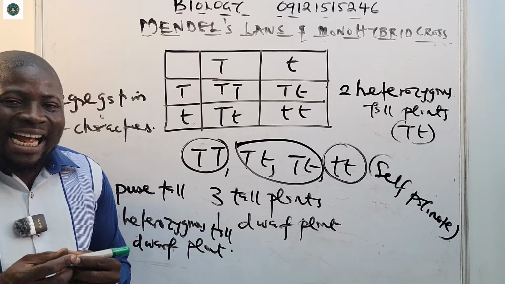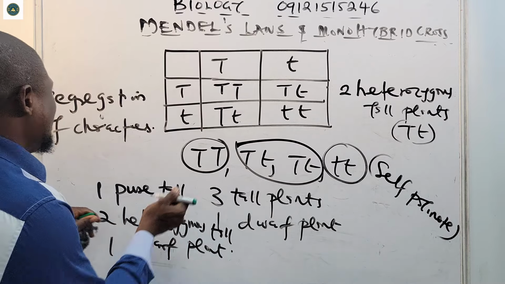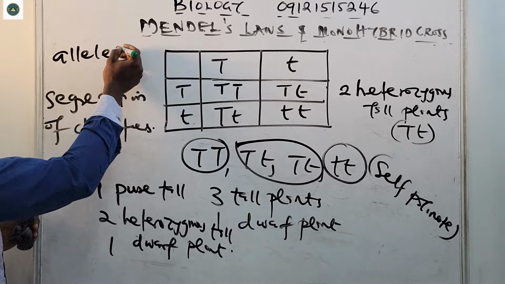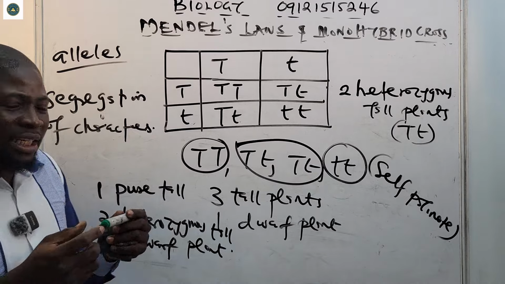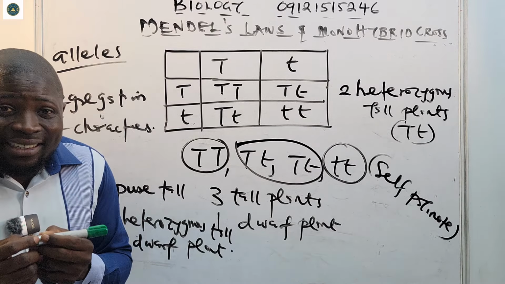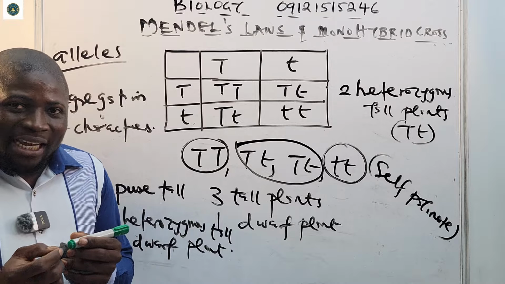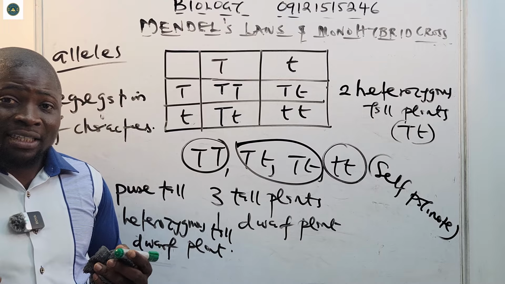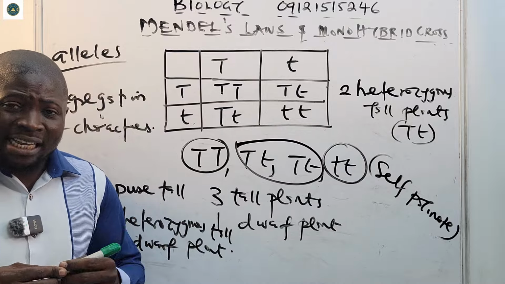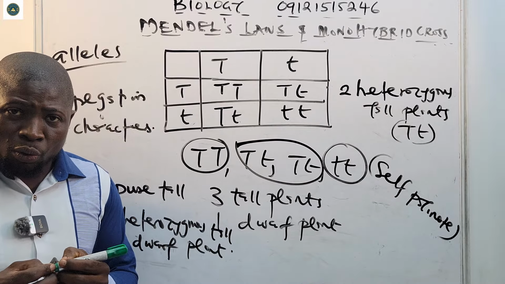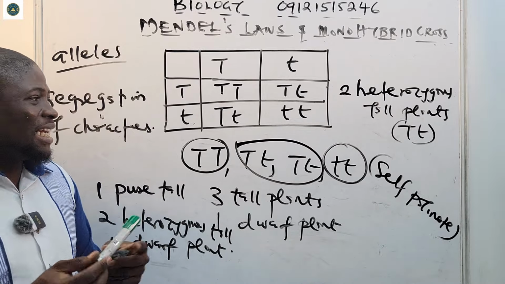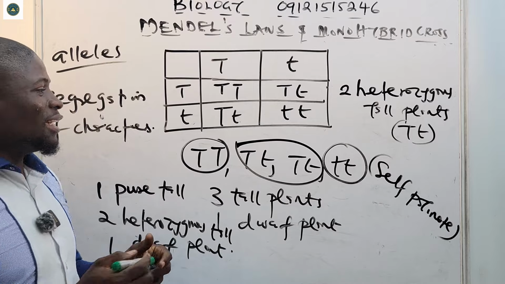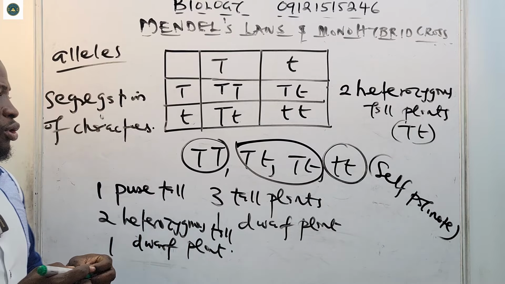The alleles that were coding for that particular character have separated. They segregate during the formation of gametes, and during fusion they are again segregated. But in the second filial generation, we see that it has come back. So segregation has happened.